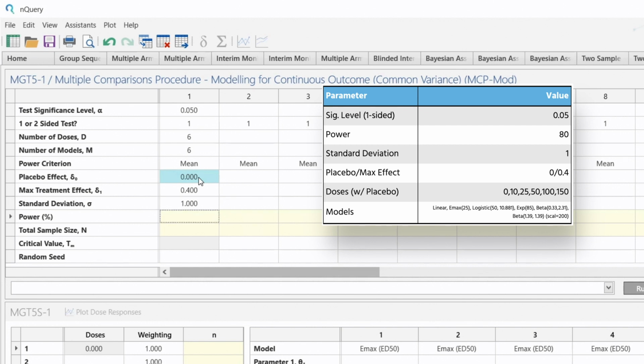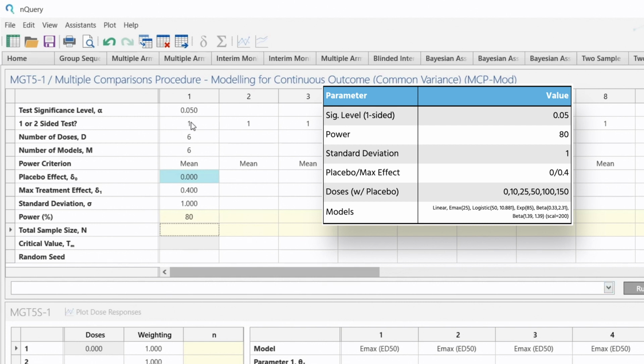They also had a target power of 80%. As this procedure relies on a complex approach to the multivariate t distribution, simulation is used for the multivariate t distribution statistics. You can also set the random seed if you want to replicate your result fully later on, exactly.